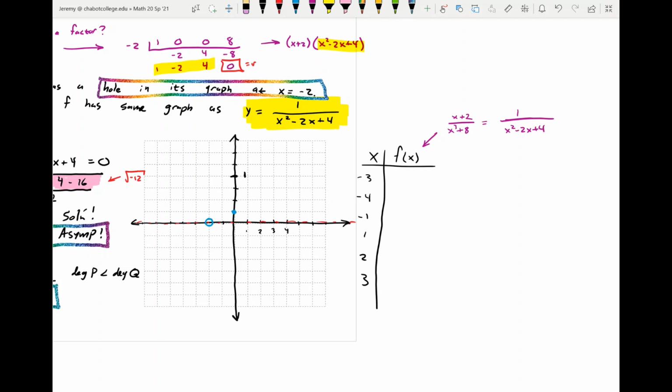So here I'm going to do it. I will plug in -3. I'm doing this all using my calculator. Put in -3 and I get out approximately 0.05. Put in -4 and I get about 0.04 if I round it up.